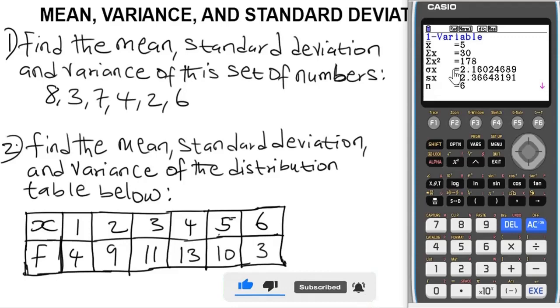So the standard deviation is 2.16024689. To get the variance, note that variance is simply the square of the standard deviation. So what we're going to do is square this value, 2.16024689. Let's stop at 4 decimal places.